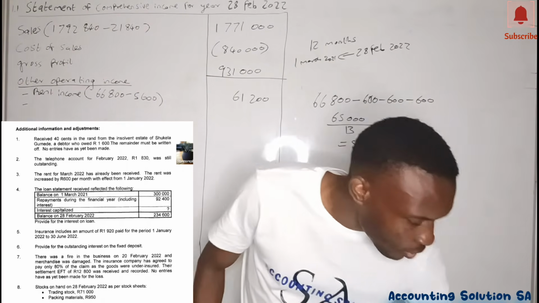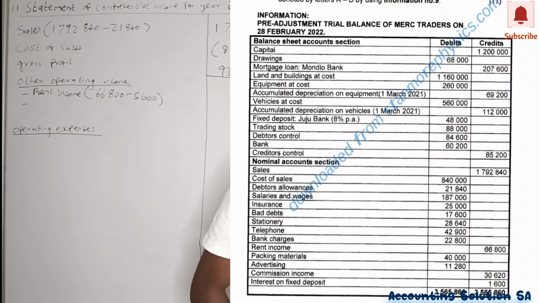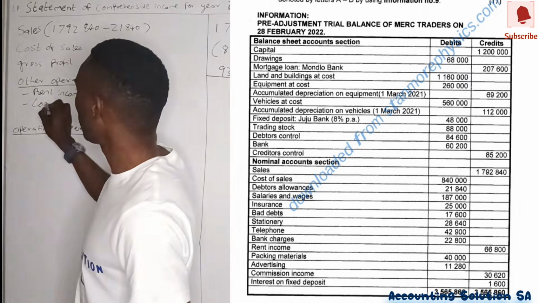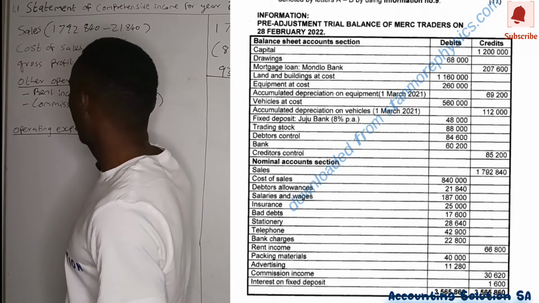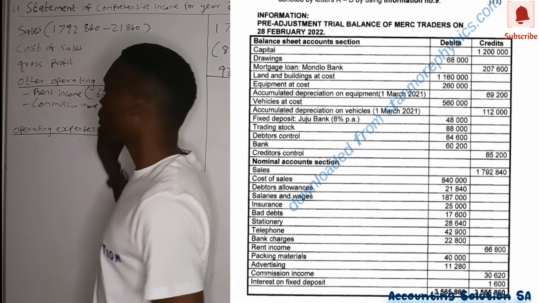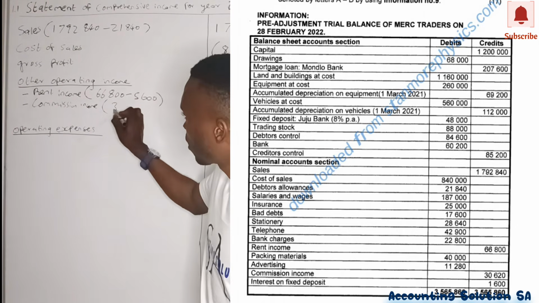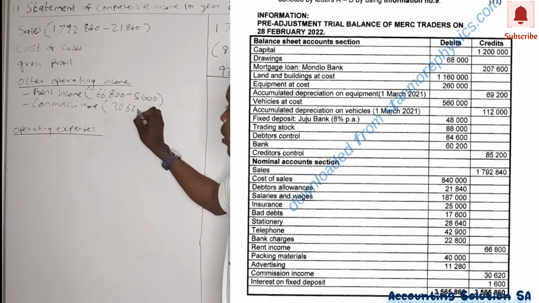Now let's proceed. Let's check if we have any other income. We have commission income. We open a bracket and say commission income is how much? 30,620.